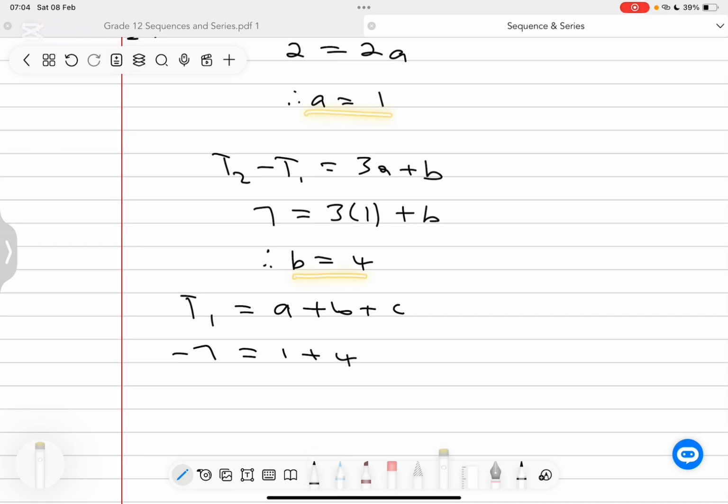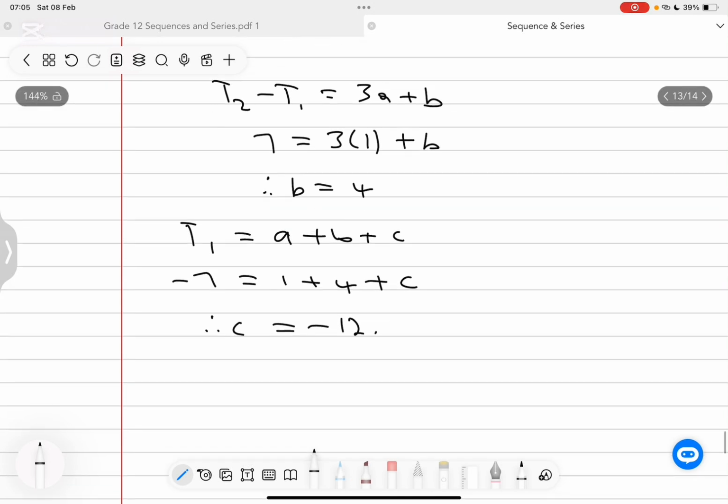We calculated these two, and we don't know the c. This means our c is going to be, here I have a 5 and I take it to this side, so negative 7 minus 5, which should give me negative 12.